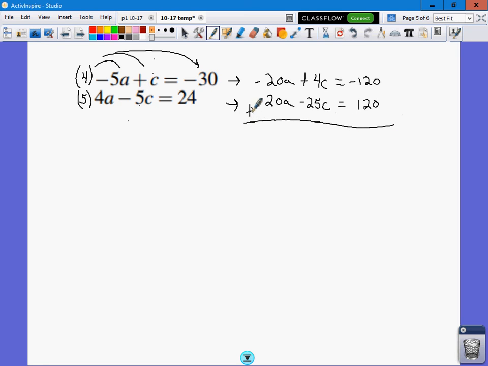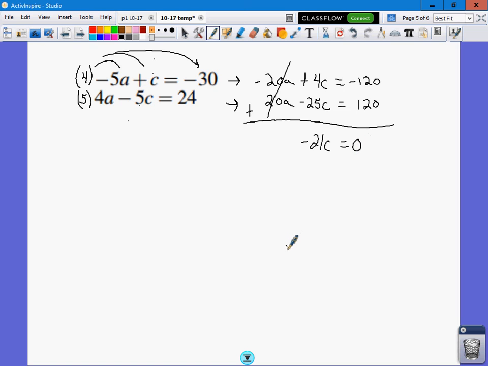You'll notice that by doing this, the coefficient from the bottom and the opposite coefficient from the top, I ended up with opposite coefficients at the beginning. So I'll always be able to add them. My a's are going to cancel out. I'm going to have a negative 21c equal to 0.